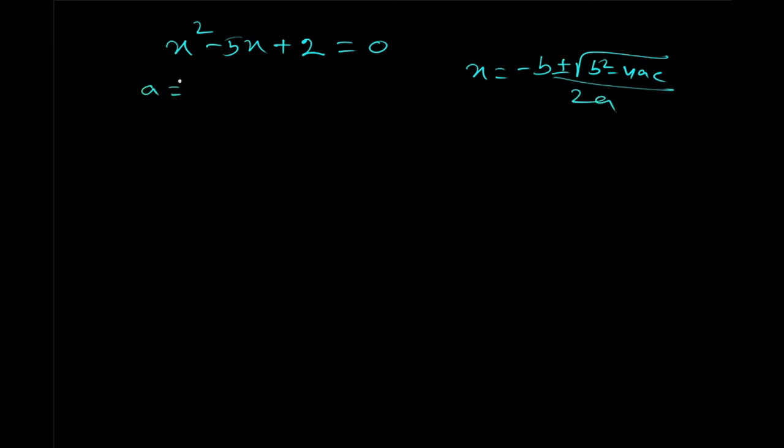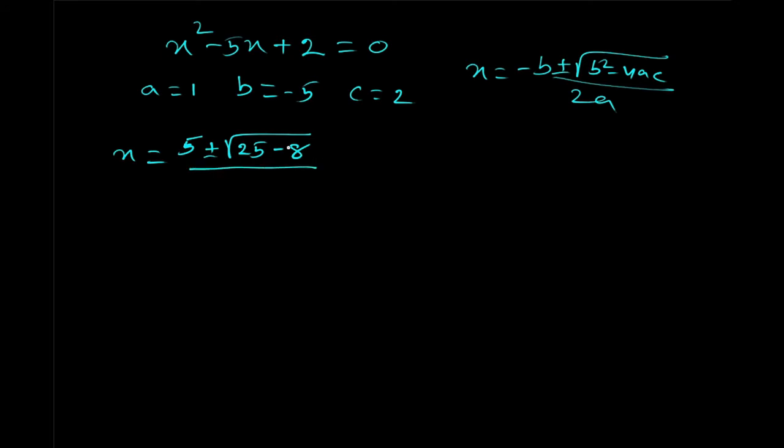Here a is 1, b is minus 5, and c is 2. Now let us use this. So we get x is equal to minus b, it is minus of minus 5, that is 5, plus minus root over b square, minus 5 squared, it will be 25, minus 4ac. a is 1 and c is 2, so 4ac will be 8.